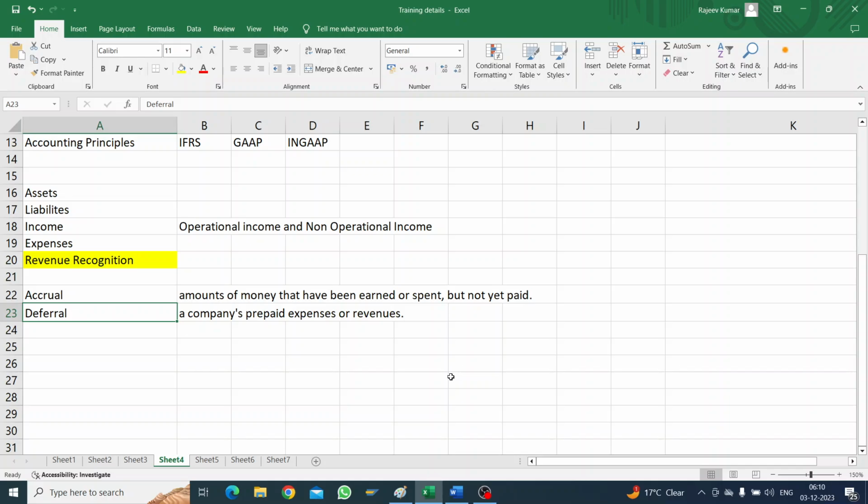Suppose you are going to get a bonus at the end of the year. Suppose 12,000 rupees is your overall bonus amount which you are going to get at the end of the year. The company has to pay only at the year end.